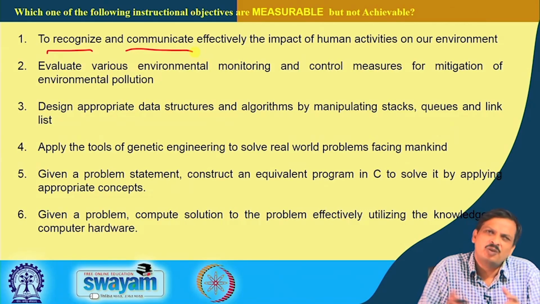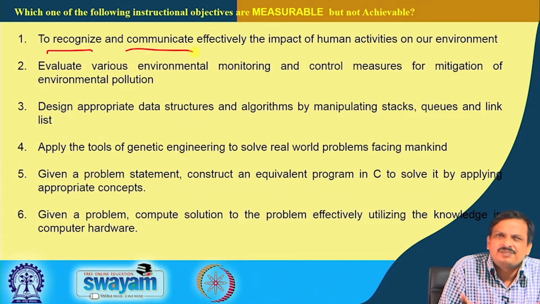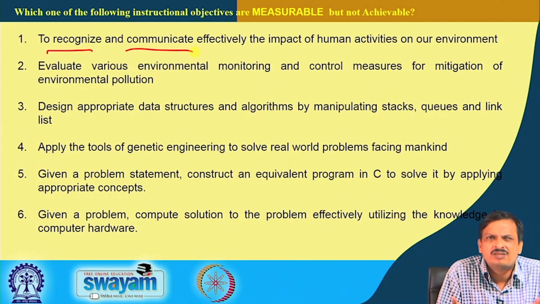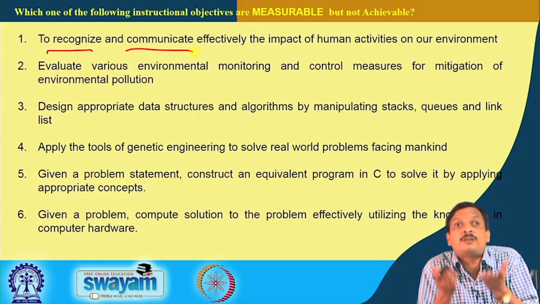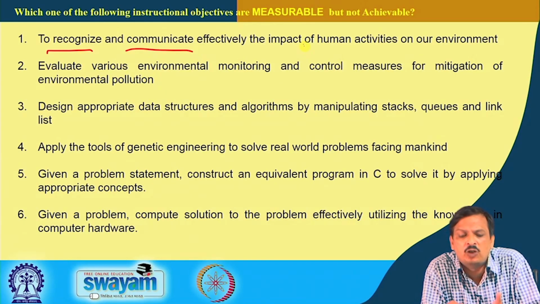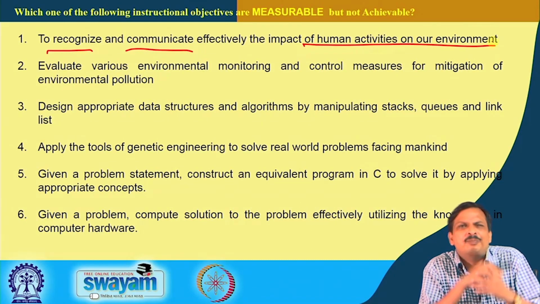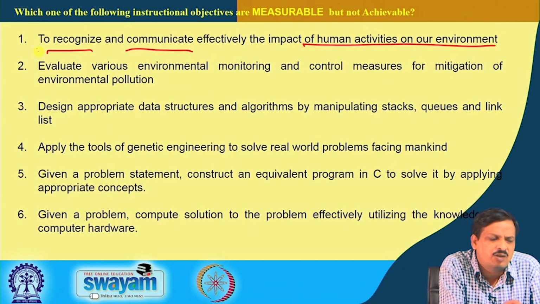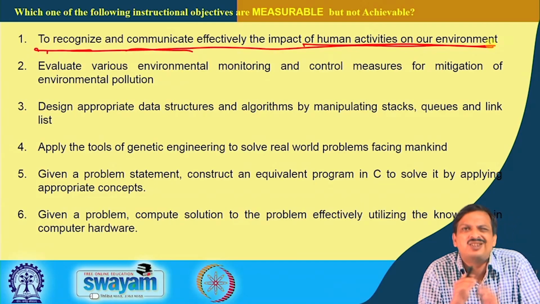But see where it is specific, where it is achievable in a course, it is your teacher's expectation. There is no limitation of human activity on our environment. Many, how do you cover it in one single course? So, this outcome is measurable but not achievable.